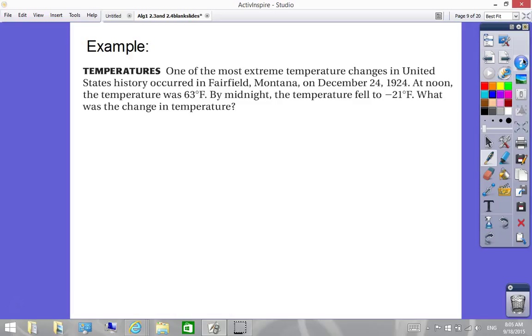What's the operation we have to set up to figure that out? What was the temperature at noon? 63. What was the temperature at midnight? -21. What do I have to do to those two numbers to figure out how much it changed? Subtract them.